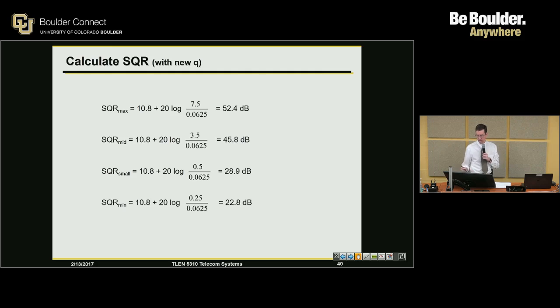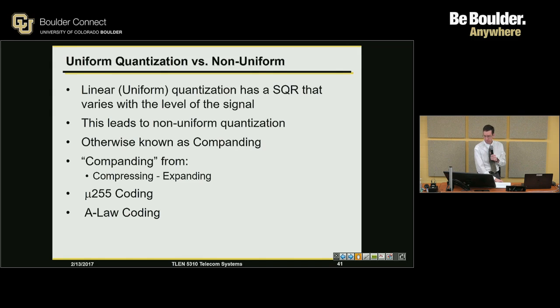So the point of all that was to say, hey, as my voltage levels get smaller, the SQR number also gets smaller. And we want to get it so that those are more equal to each other rather than declining like that. So we go from the linear quantization to a nonlinear or non-uniform quantization, and that's called companding.